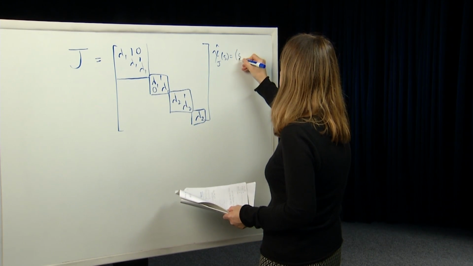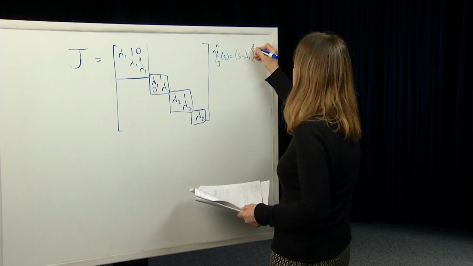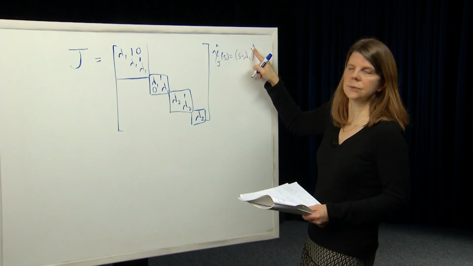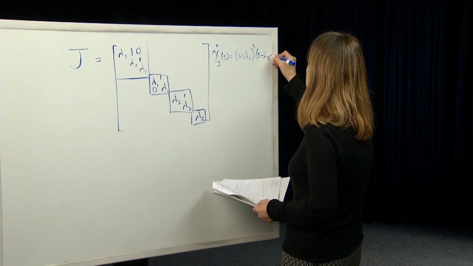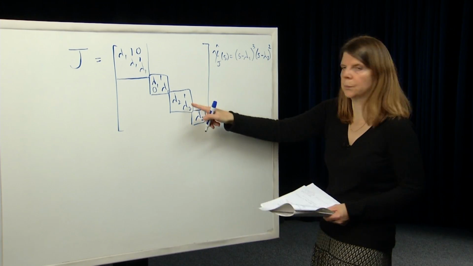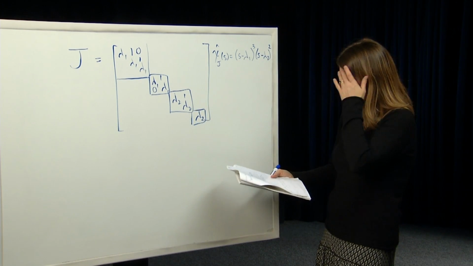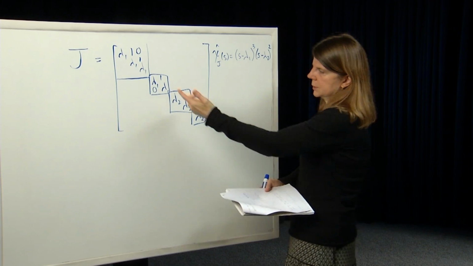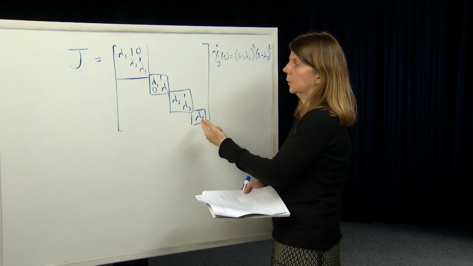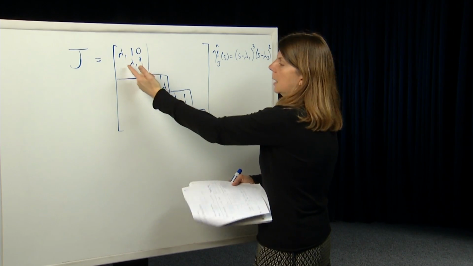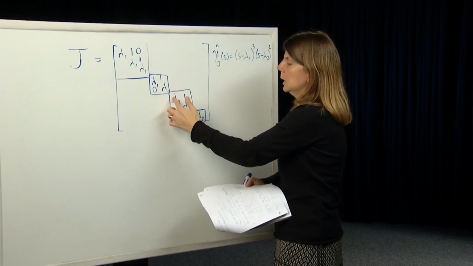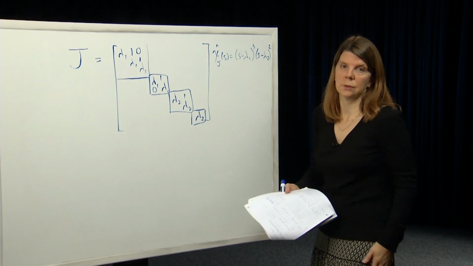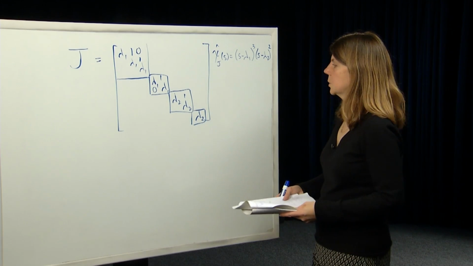The largest Jordan block associated to the eigenvalue at lambda 1 is 3, and the largest Jordan block associated to the eigenvalue at lambda 2 is 2. So that gives us the minimum polynomial. Of course, the characteristic polynomial we can read off right away, and that's just going to be s minus lambda 1 to the 5th, because of the 5 eigenvalues at lambda 1, and s minus lambda 2 to the 3rd, because of the 3 eigenvalues at lambda 2.